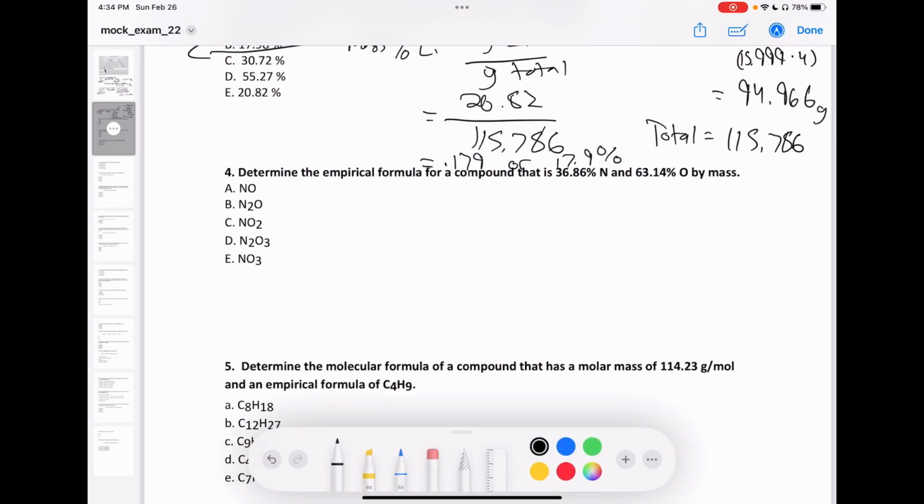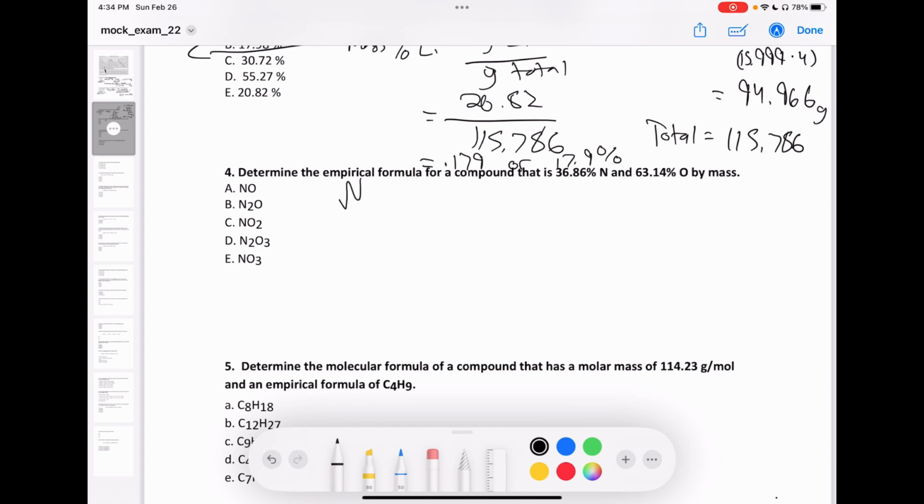So determine the empirical formula for a compound that is 36.86% nitrogen and 63.14% oxygen by mass. Okay, so it's giving us these percentages. So the first thing you do is convert them to grams, like out of 100.